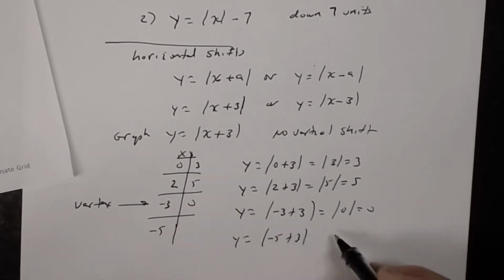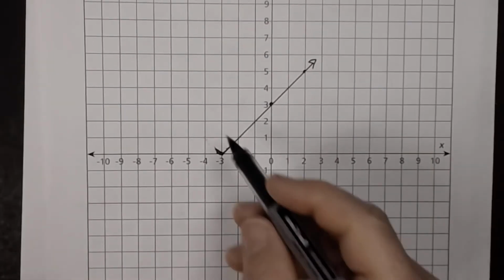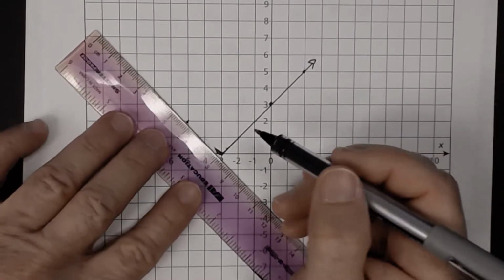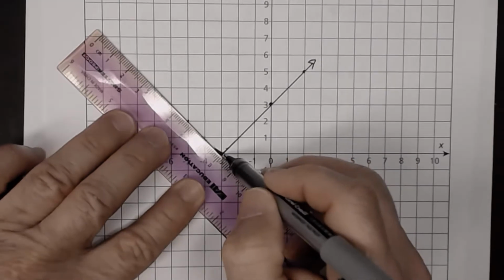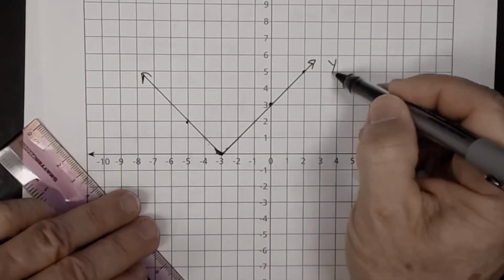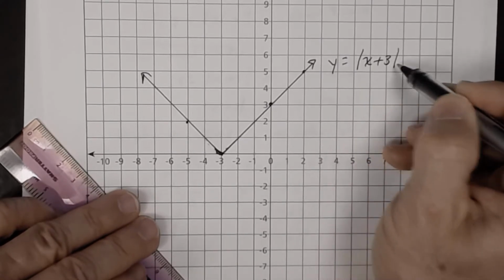Negative 5 plus 3 is negative 2. The absolute value of negative 2 is a positive 2. So I get negative 5, 2. So negative 5, 2 is here. And really, that's enough. I know what it looks like now. So I'm going to go ahead and draw that ray. So I get something that looks like this. So this is the graph, y equals absolute value of x plus 3.